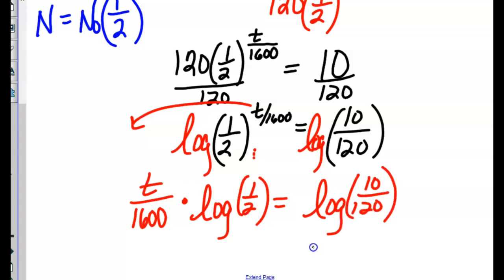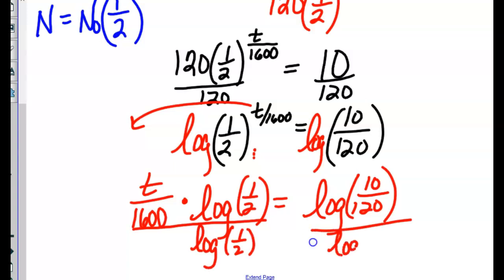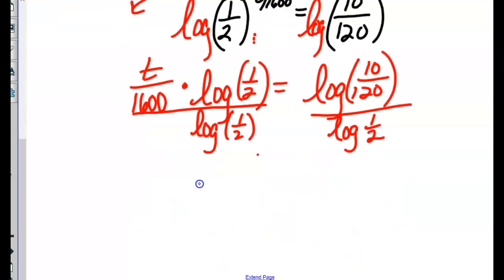Then what? A lot of steps here. Yeah, I would divide by the log of 1/2 next, yep. Okay, my page is getting really, really long here. So I have left T over 1600 equals whatever this lovely decimal is.